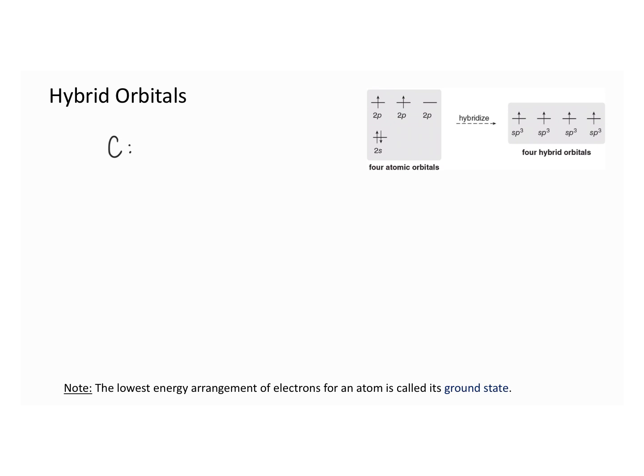When we look at carbon, we know that carbon has four valence electrons. When we put these in an orbital diagram like this, there are two electrons at a lower level of energy, and then one electron in each p orbital at a higher level.